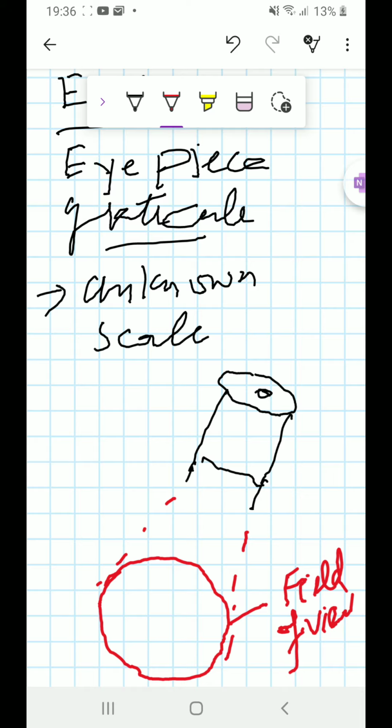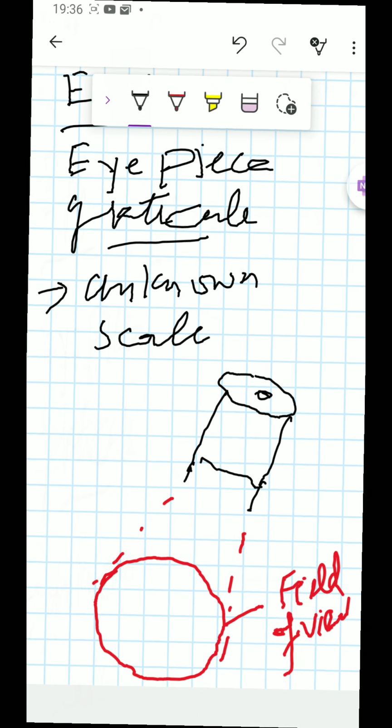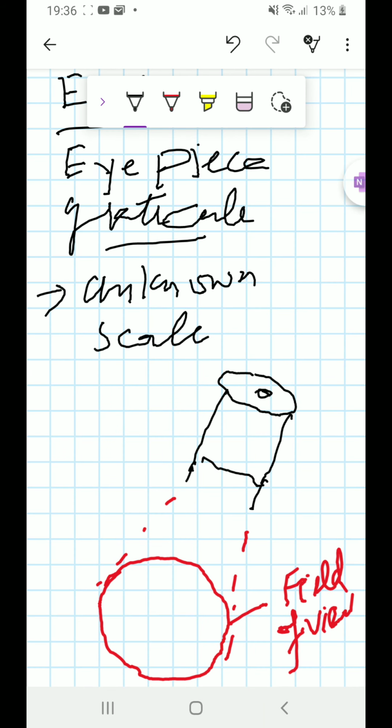In this field of view, we can see two things. One is an EPG that has a scale 0, 10, 200, and the other is an SM.